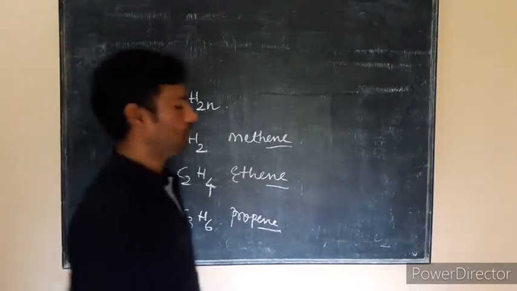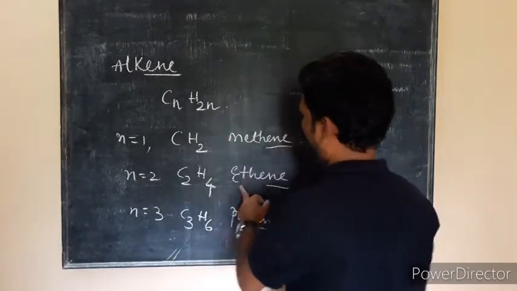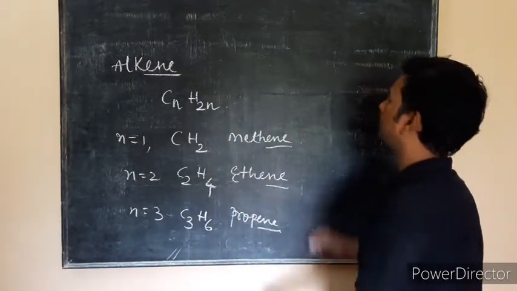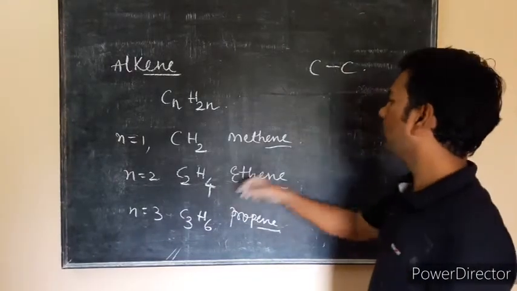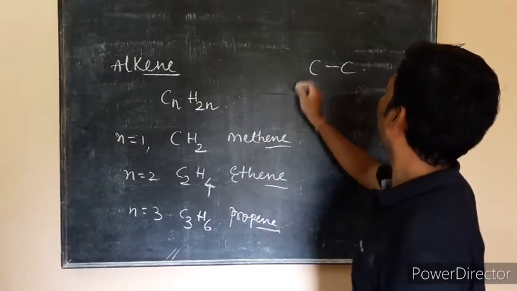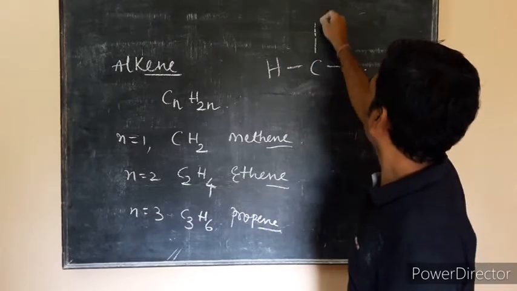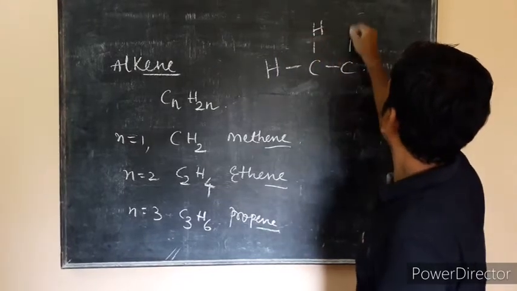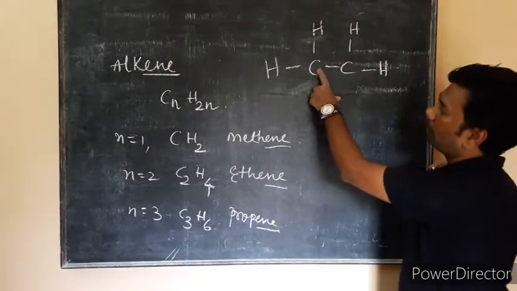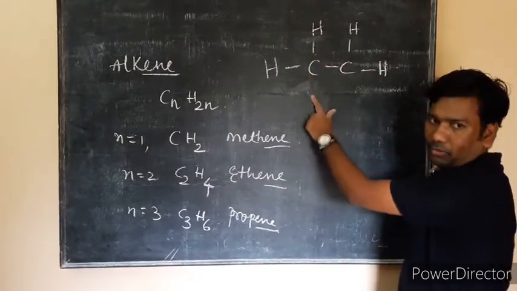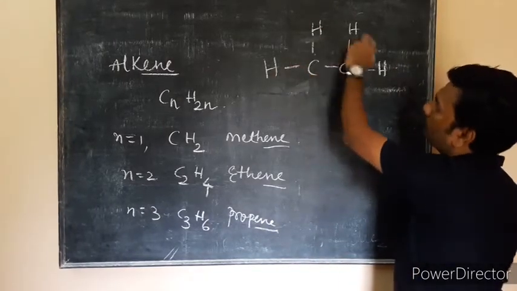If you want to draw the structure of an alkene, for example ethene, you can consider 2 carbons, correct? Total hydrogen atoms: 1, 2, 3, 4. So check, this is carbon 1, 2, 3, still one more, but only 4 hydrogens in total are there.